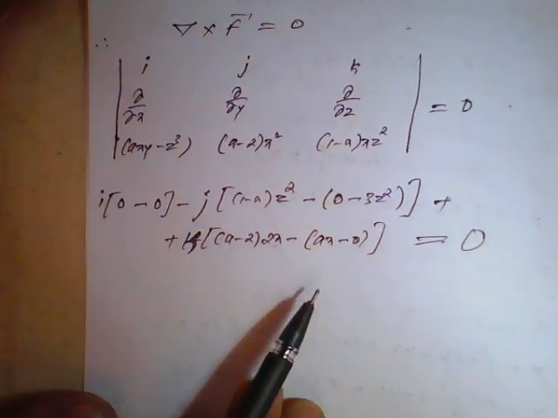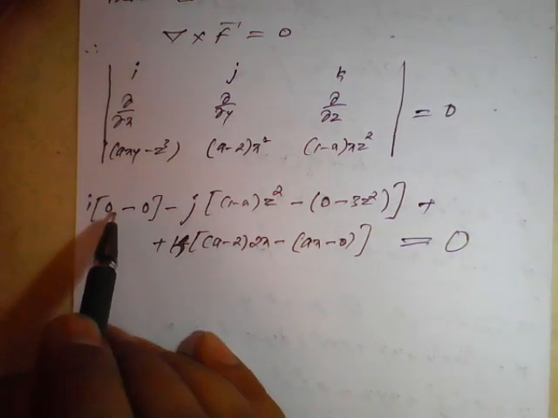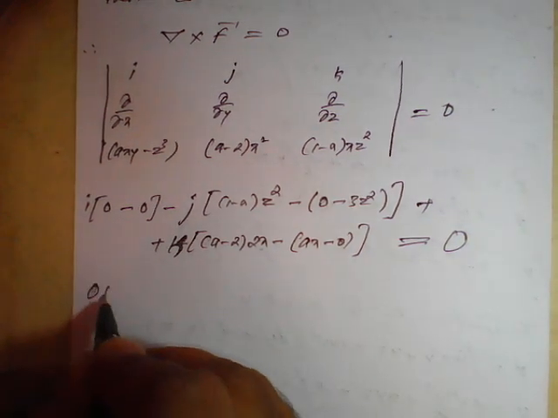Now simplification. I times 0 minus 0 is 0i.